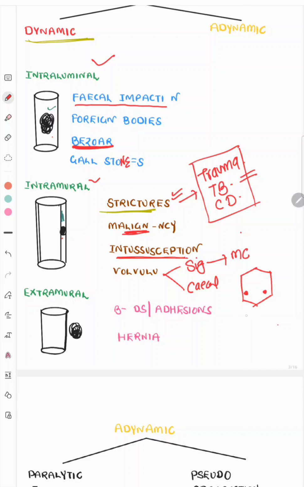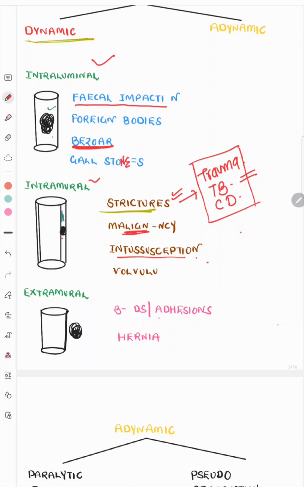There are different signs on X-ray, USG and CT which will be discussed later in detail in the topic of volvulus. So after discussing the intraluminal causes and intramural causes, we will discuss the extramural causes.